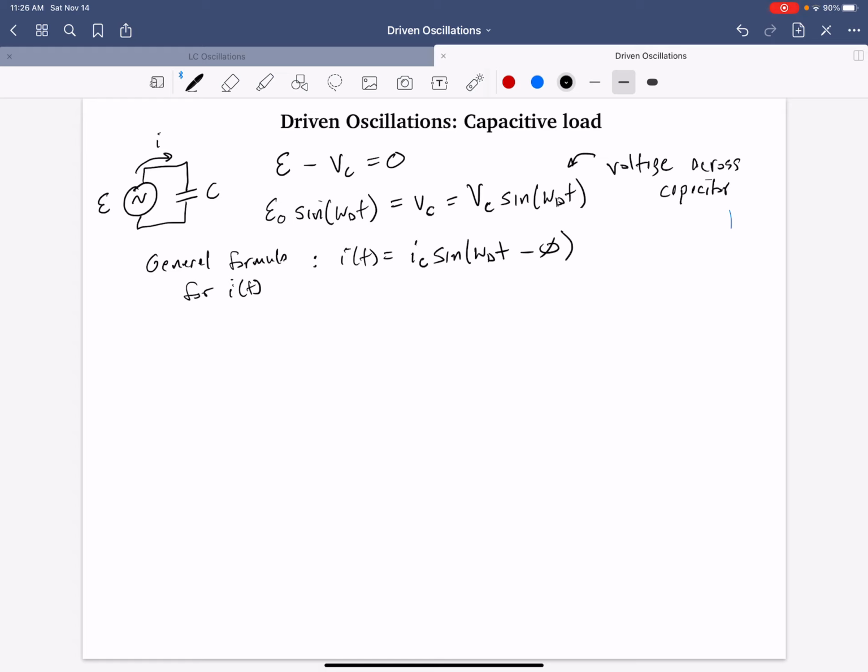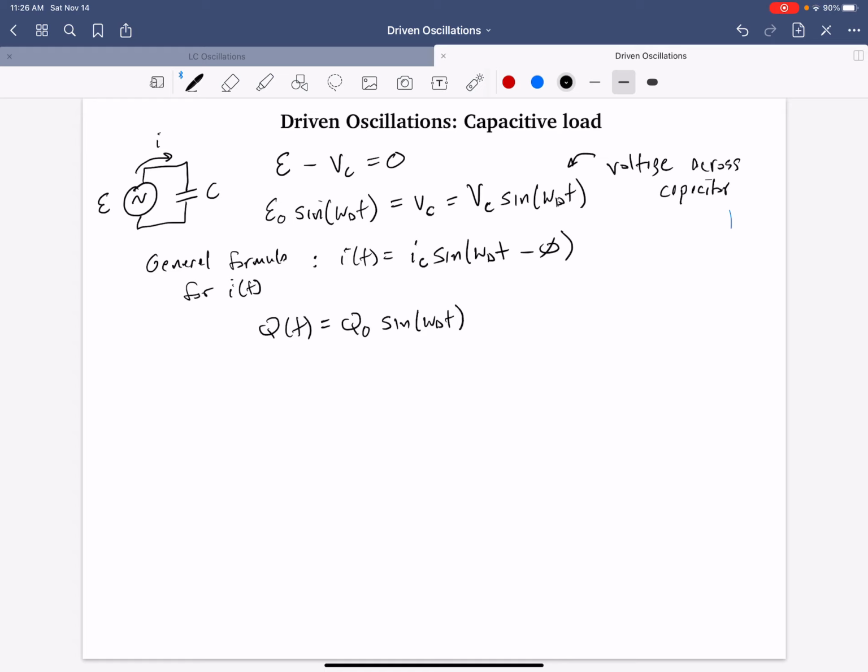So for a capacitor, we don't necessarily know a current outright, but we might know a charge outright. We can say a charge as a function of time. So we can start here. This might be the easiest place to start. So Q as a function of t is some initial charge times sine omega t.